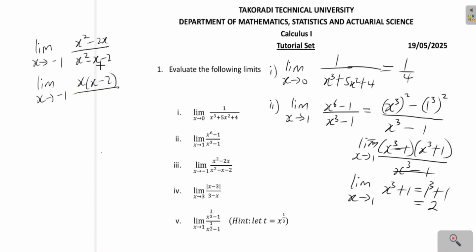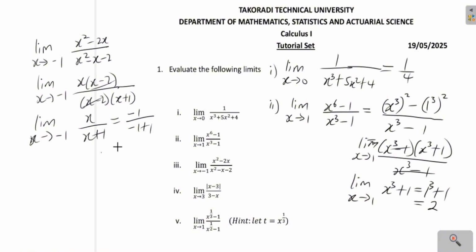Then this denominator is a quadratic, so the factors are going to be x minus 2, then x plus 1, right? Then these terms will cancel out. We are left with the limit as x approaches negative 1 of x over x plus 1. Now, mind you, if you plug in negative 1, you're going to get negative 1 over negative 1 plus 1, and that is negative 1 over 0.